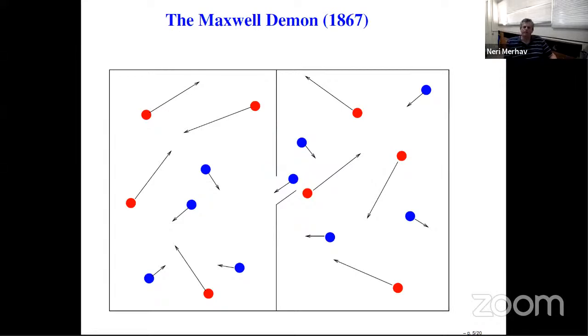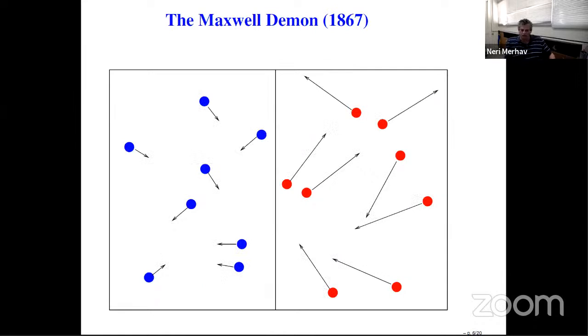And at the end of the process, we have all the speedy particles on one side and all the slow ones on the other side, and we created a temperature difference, thereby seemingly violating the second law. The Gedanken experiment of the well-known Maxwell demon.